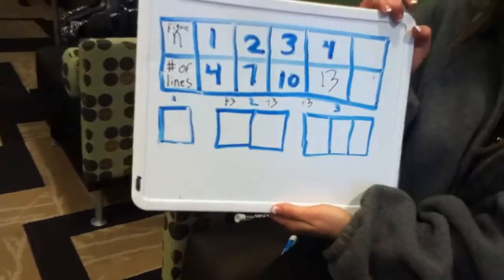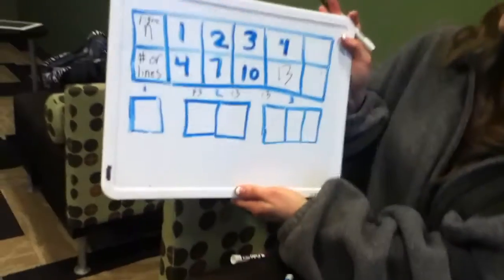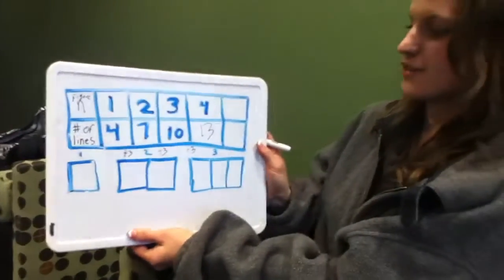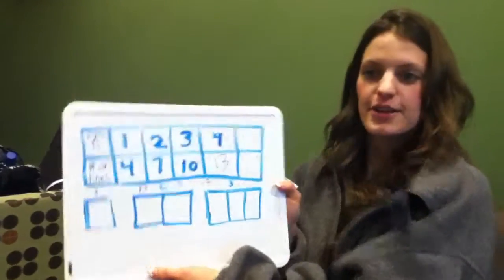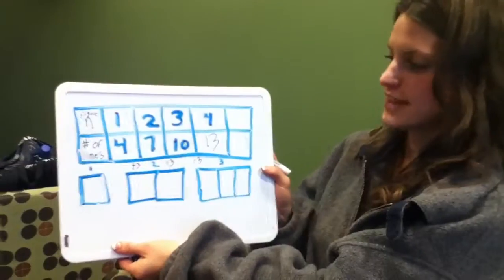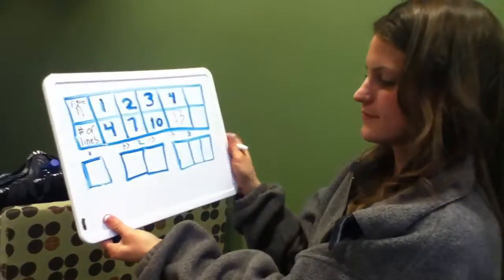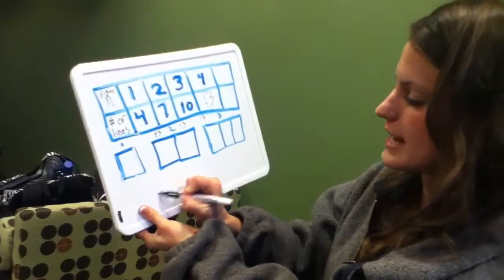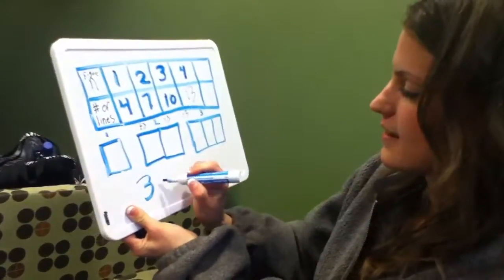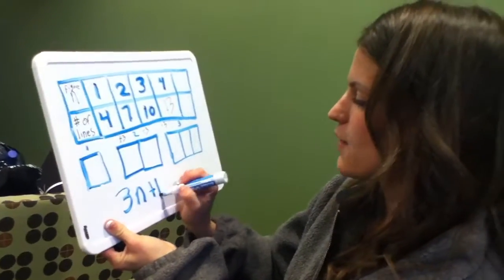However, there is also a formula for this that would help us a lot if we needed to find maybe the 10th term or the 100th term. So the nth term of this figure would be 3n plus 1.